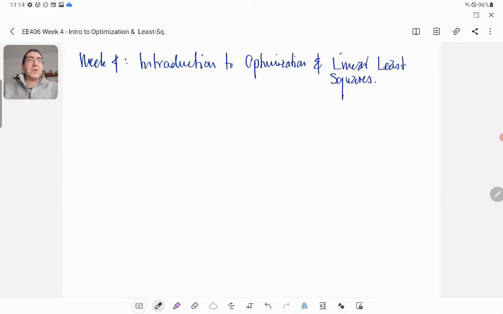Okay, so what is optimization? So we can make a somewhat informal definition.